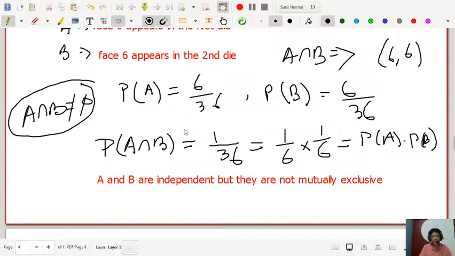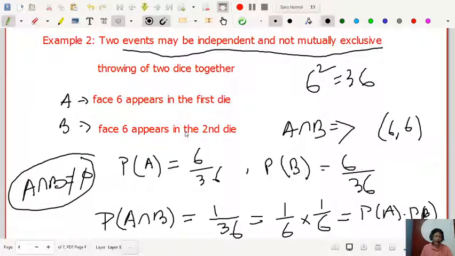Now maybe there is a question in your mind: can two events A and B be both mutually exclusive and independent? When is it possible? Only when at least one of the two events A and B has zero probability.